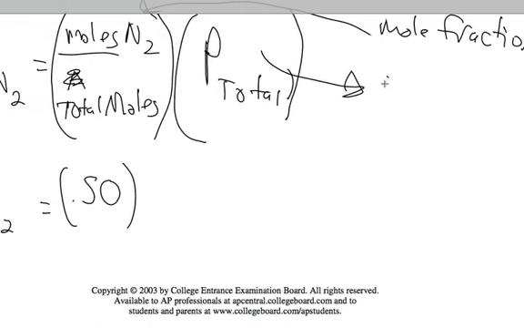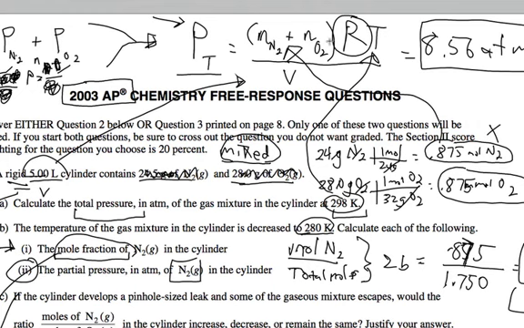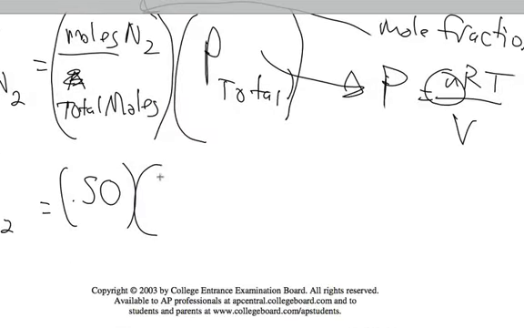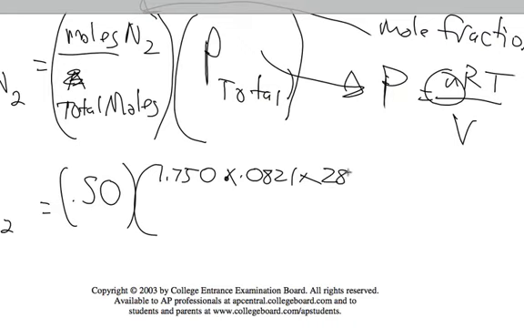We know the total pressure comes out to nRT over V, and we know the total moles, 1.750, multiplied by 0.0821, multiplied by the new temperature, 280 Kelvin, divided by the volume, which is 5 liters.